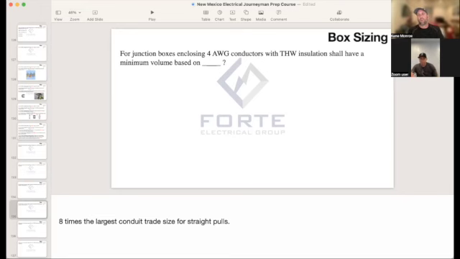Are you figuring the load of a single family dwelling? Yeah, I believe so. Okay.